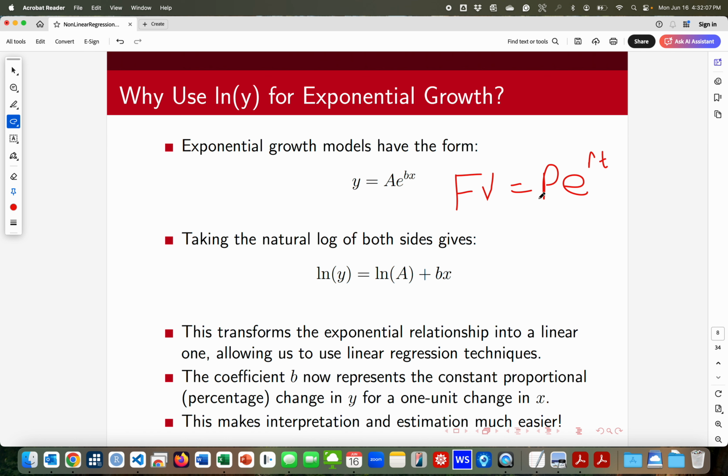So if we make that the present value, if you have interest that's compounding continuously, this is how you find the future value. So if you invest PV and you get a return R and it compounds continuously, this is how you would find the future value of that at any given time. And notice how similar that is to this form right here. So you see this all of the time in finance. This shows up everywhere.